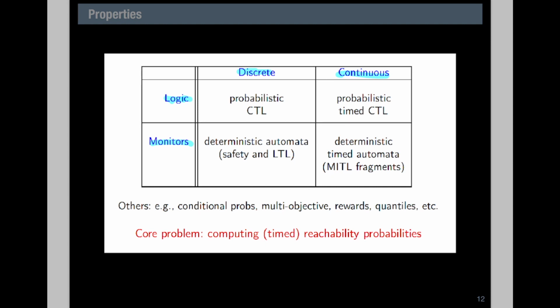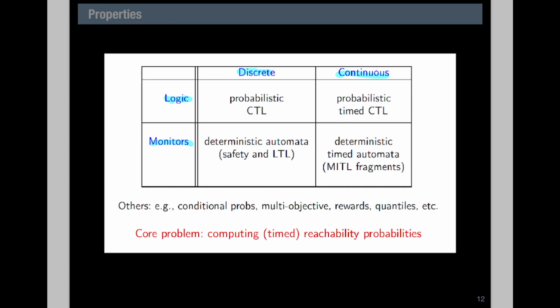Now, there are several other measures like conditional probabilities. You can think about multiple objectives where you try to find some kind of Pareto front between, on the one hand side, using energy, and on the other hand side, achieving your target in your algorithm, quantiles, rewards, and so forth.